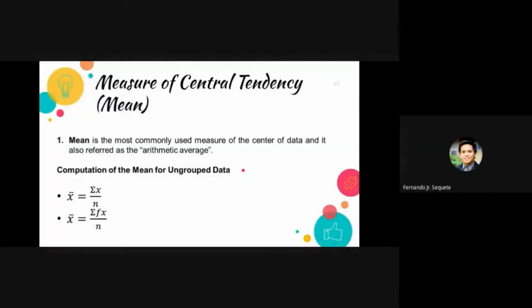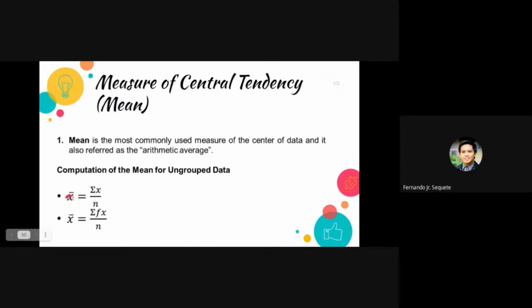Okay, next. Now let's have this the ungrouped data. So our pattern will be ungrouped and then grouped, no? So mean again is the most commonly used measure of the center of data, and this is the formula for the mean for ungrouped data. Okay?